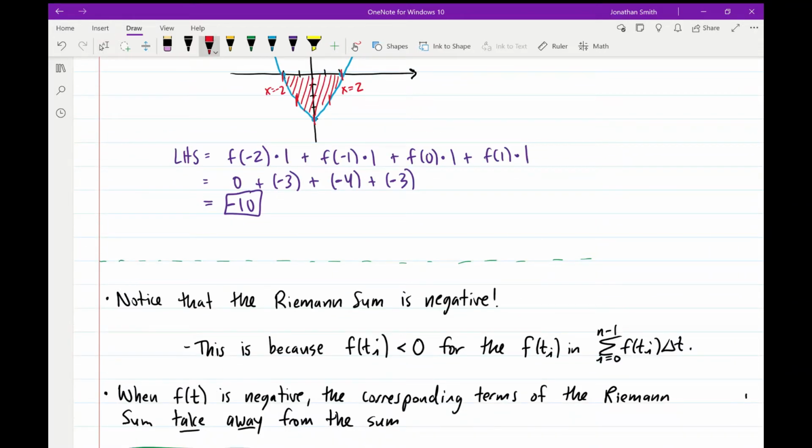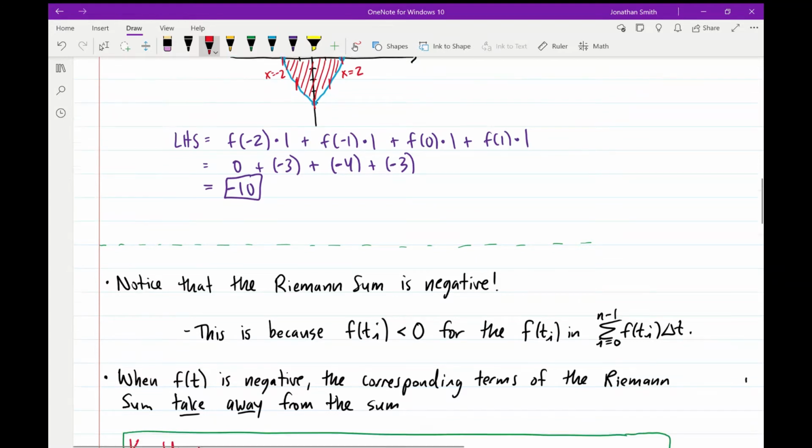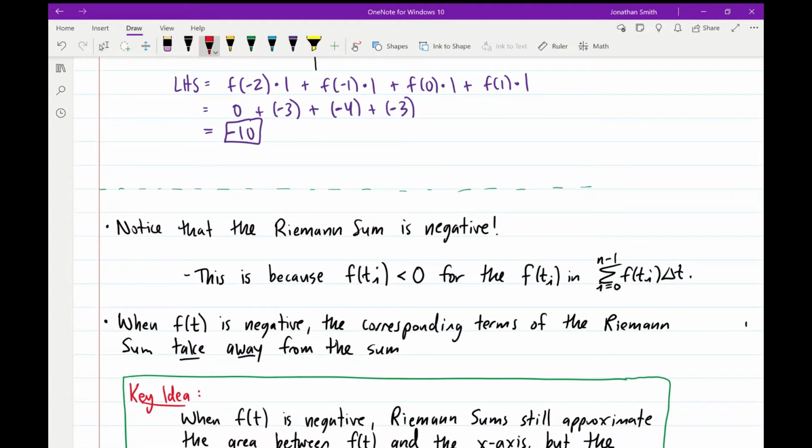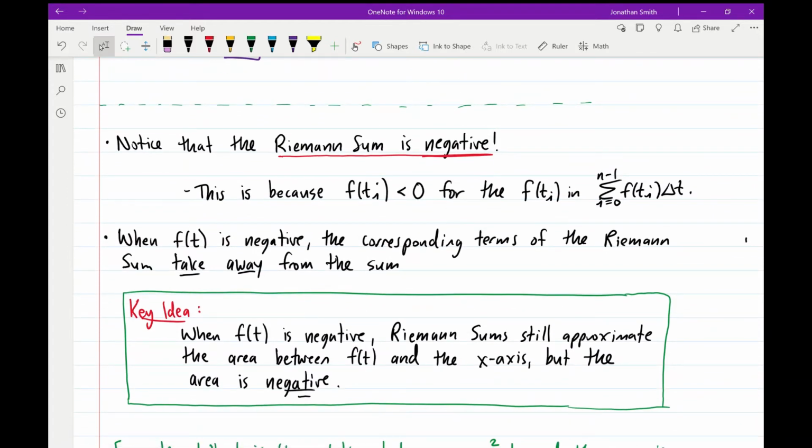So again, the key idea of this previous example is that when our function f of t is negative, the corresponding Riemann sum is also negative. And why is this happening? It's because all of these values, f of t sub i, are now going to be negative because the function is negative.